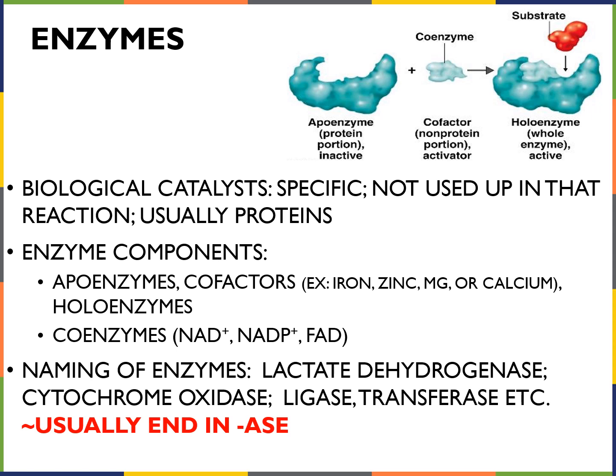Okay, next, they are not used up in the reaction. So as you see the chemical reaction proceeding, that enzyme is not part of the chemical reaction. And this is a very good thing because that allows these enzymes to be reused over and over again. So they're able to be recycled.